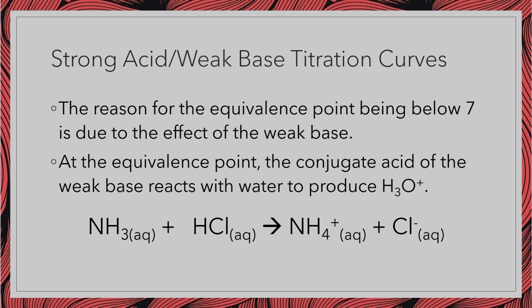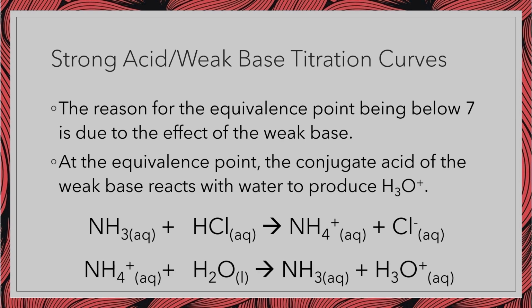Now, because NH3 is a weak base, some of those protons from NH4+ will be donated back to water. So the NH4+ donates protons to water, which brings down the equivalence point. So even though we've added stoichiometric amounts, that equilibrium system is going back and forth, so it's producing some H3O+ at equivalence.